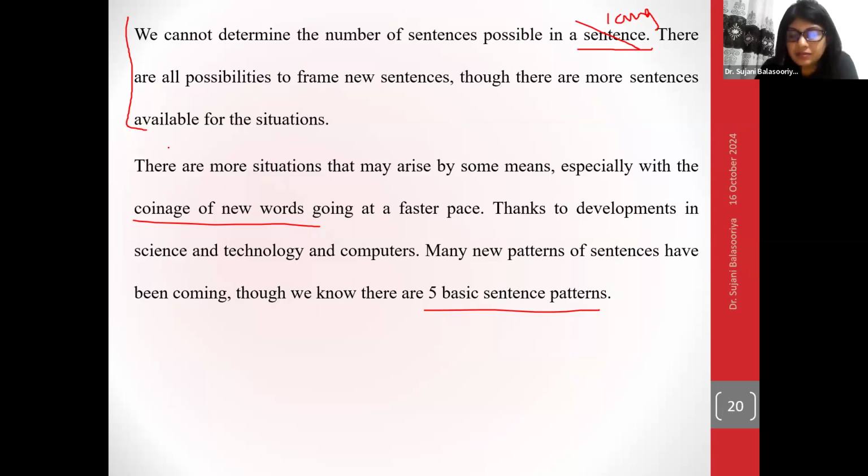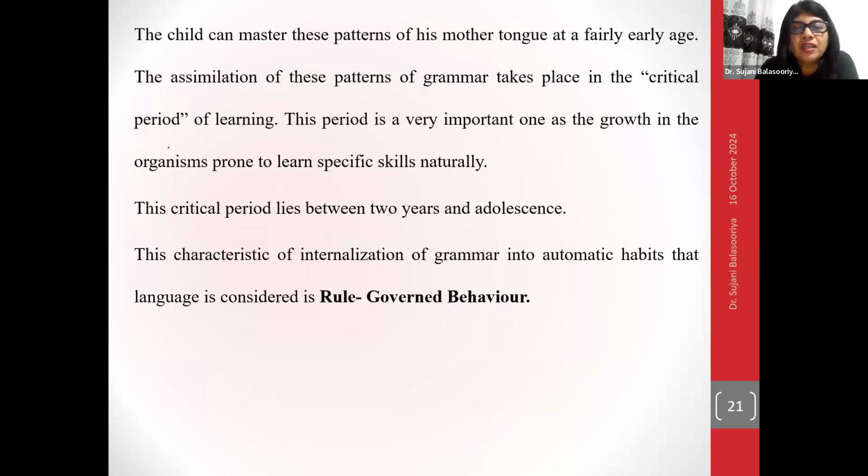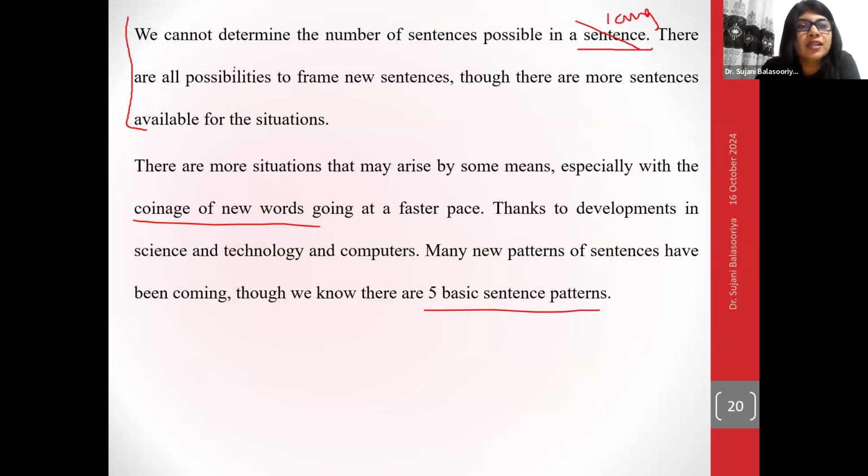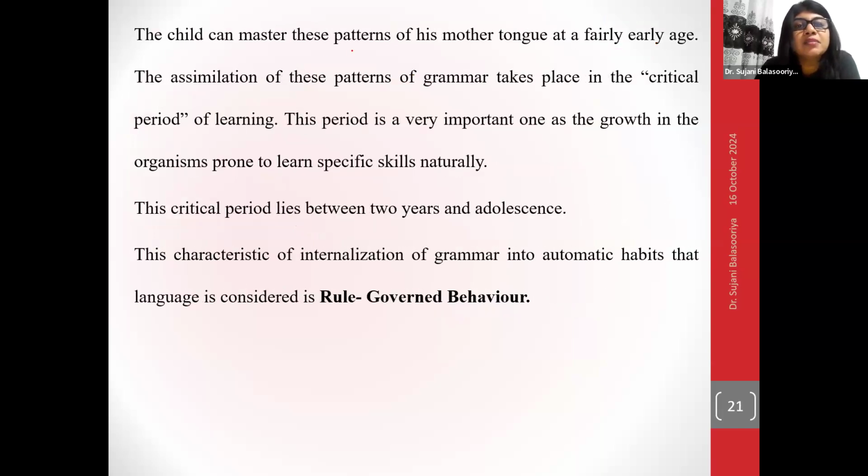Here we are continuing with the example of the child, right? The child can master these patterns of his mother tongue at a fairly early age. We were talking about the child acquiring the mother tongue, no?